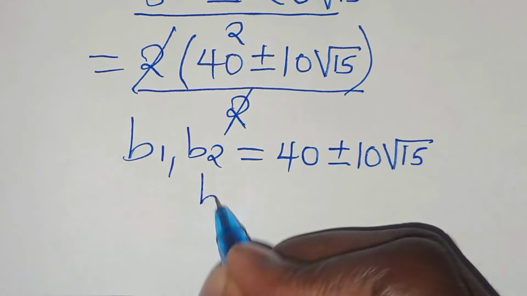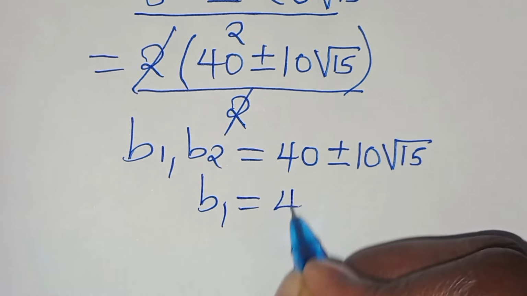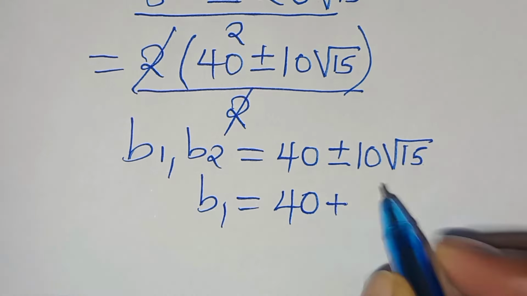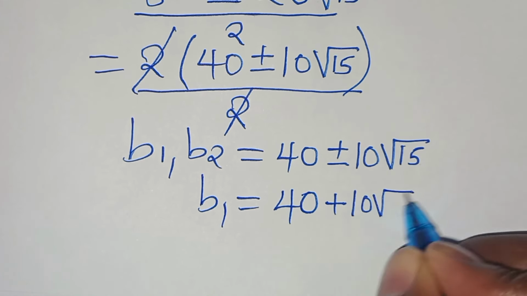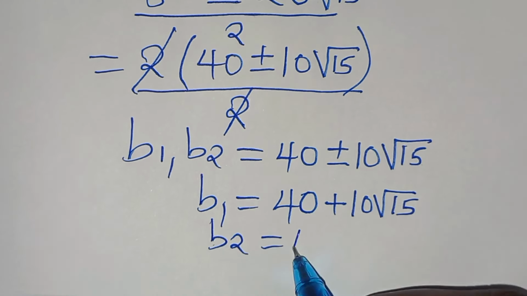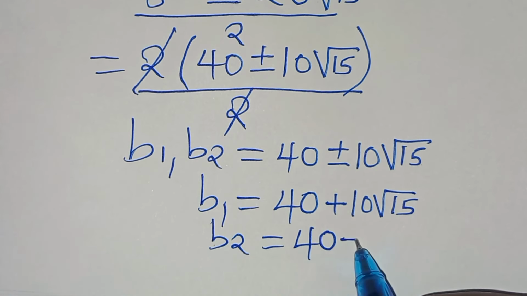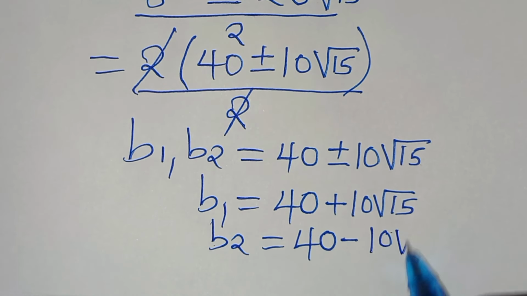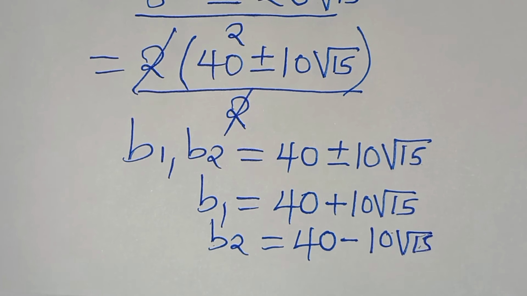Now we have that b1 is equal to 40 plus 10 square root of 15, and we have that b2 is equal to 40 subtract 10 square root of 15.